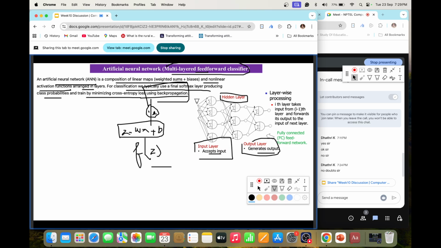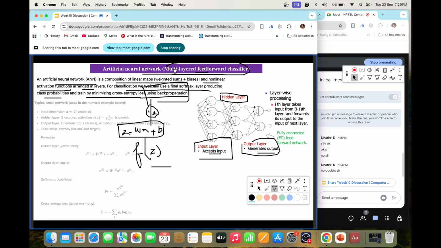That is why it is known as the backpropagation algorithm to train this neural network. Training means nothing but modifying your weights and biases, because weights and biases are the parameters. So to modify them, we use the backpropagation algorithm. This is regarding the artificial neural network.